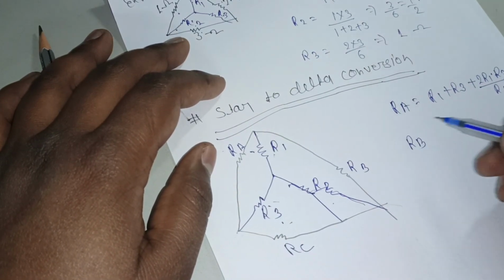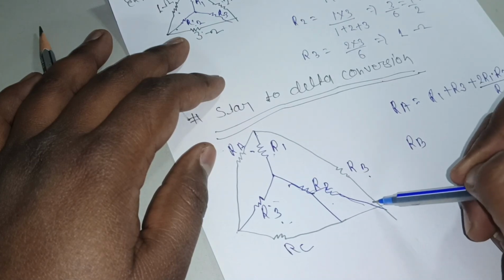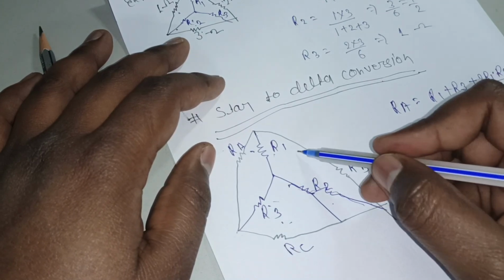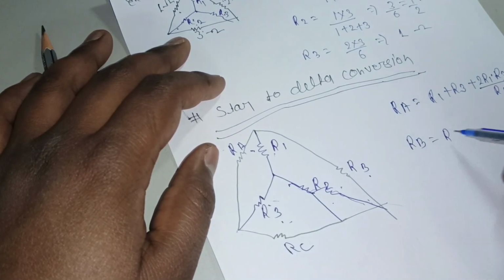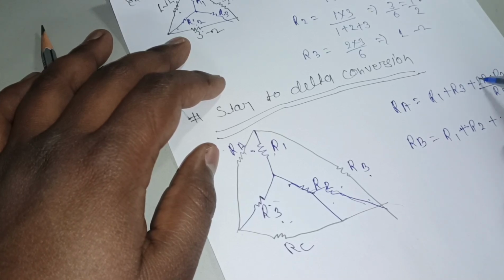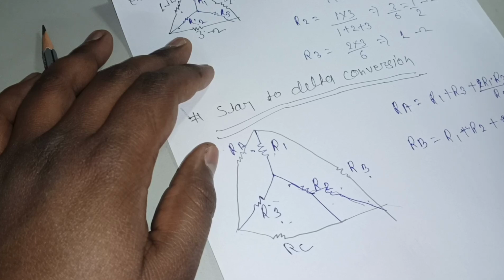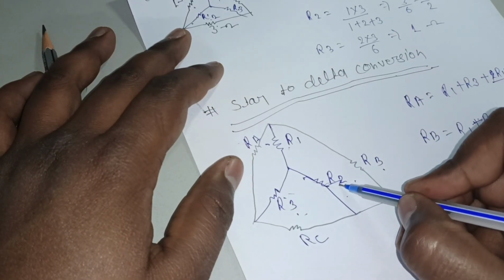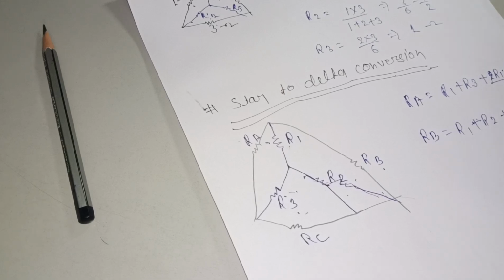Okay, same with RB. RB is connected from R1 and R2. So R1 plus R2 plus R1 into R2 upon the opposite side of this, which is R3.